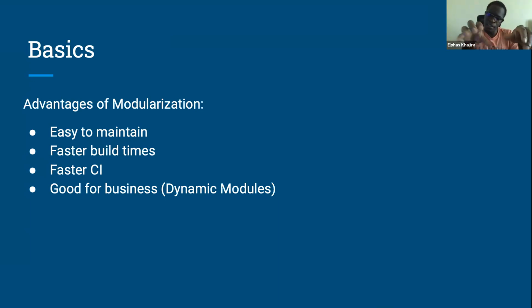Instead, it will build the module that you have touched and changed, and the modules that depend on it. That reduces the amount of time you need to do a build. But if you have one single module, basically everything has to be built from scratch.